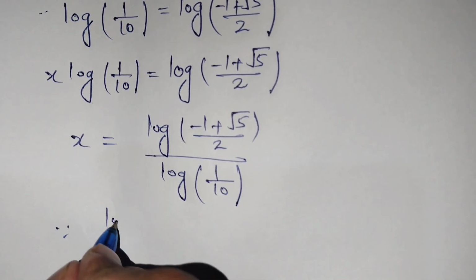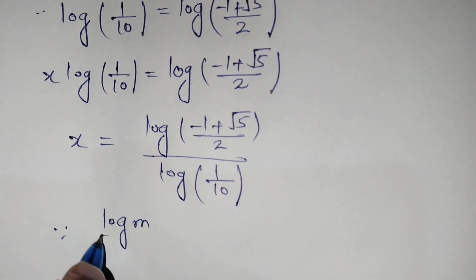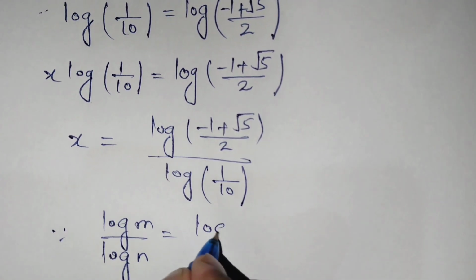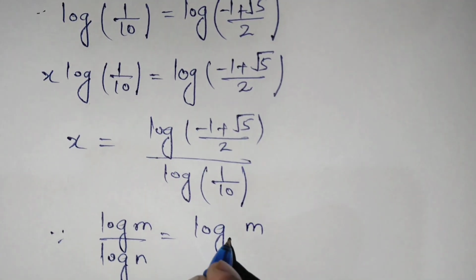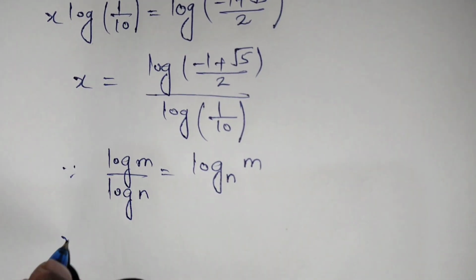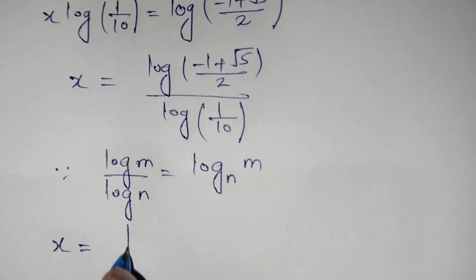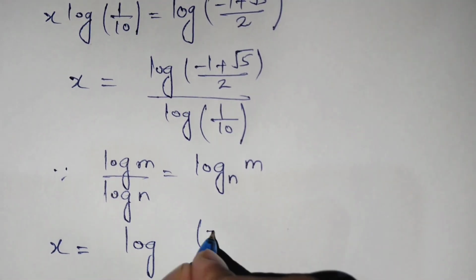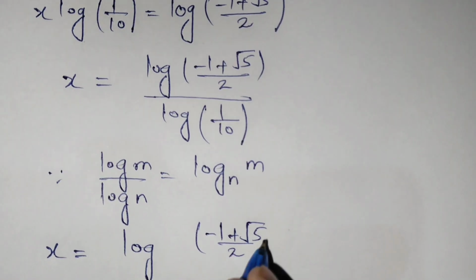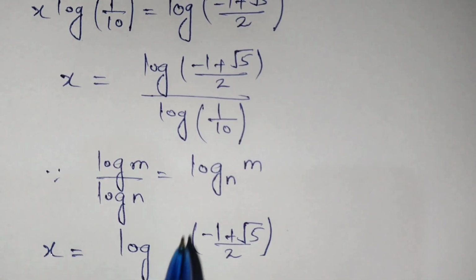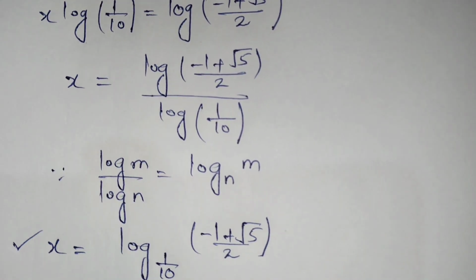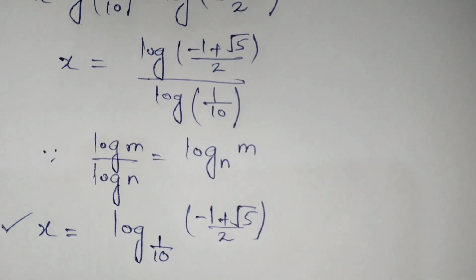Know that log of m divided by log of n equals log of m to the base n. So x will be equal to log of minus 1 plus square root 5 divided by 2 to the base 1 divided by 10. This is the value of x from y1.